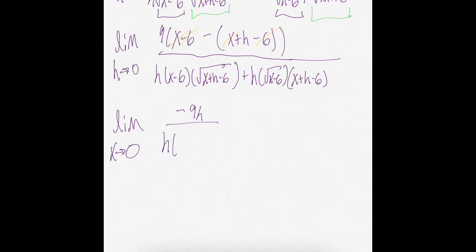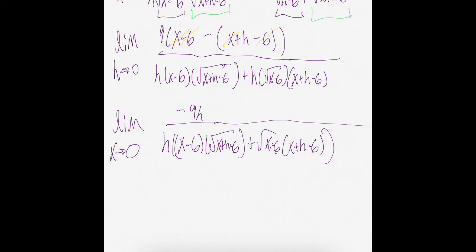And in my denominator, both of my factors have h's, so I can pull those out. And I'm left with h times x minus 6 root x plus h minus 6 plus root x minus 6 times x plus h minus 6.